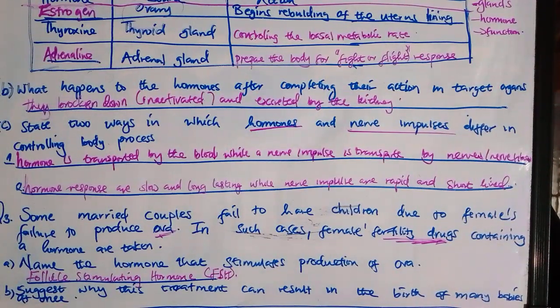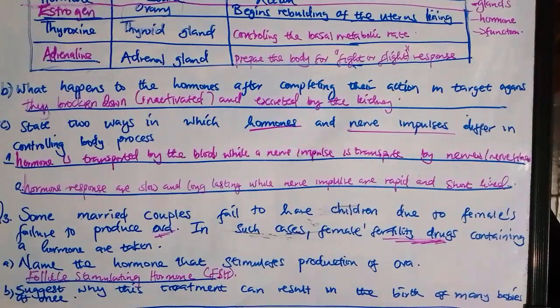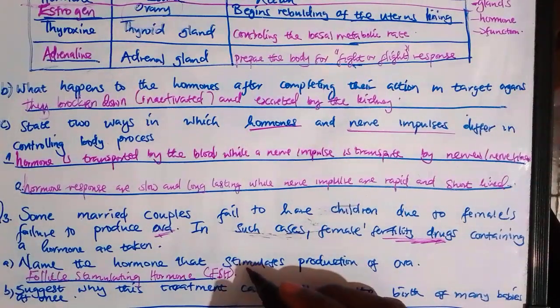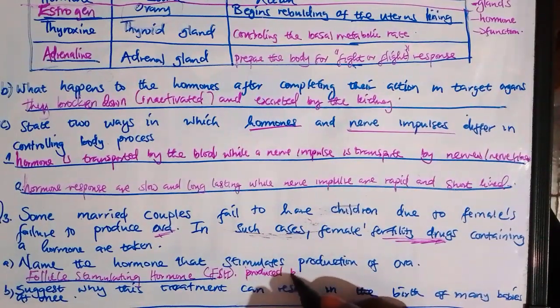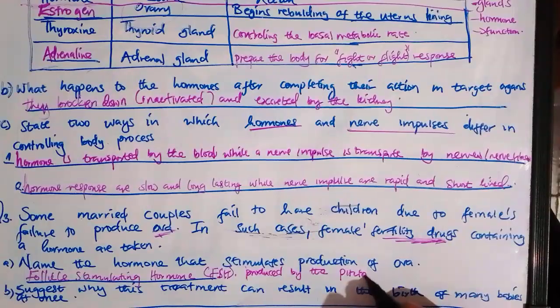So before we go to this one, you have to know that this hormone, the follicle stimulating hormone, is produced by the pituitary gland, located where?